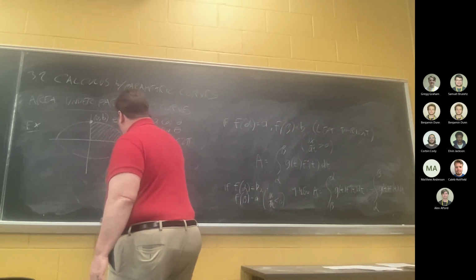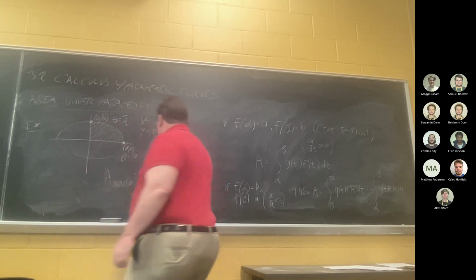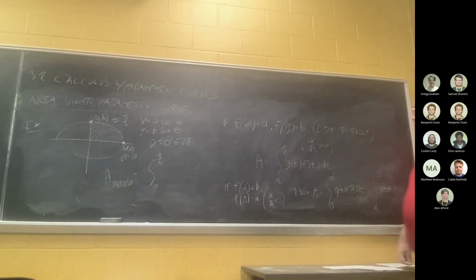Okay. So the area of just the shaded region is the integral from 0 to pi over 2, and which of the two formulas that I have here is the one that I need in this case? The top one. Oh wait, it's not left to right anymore.